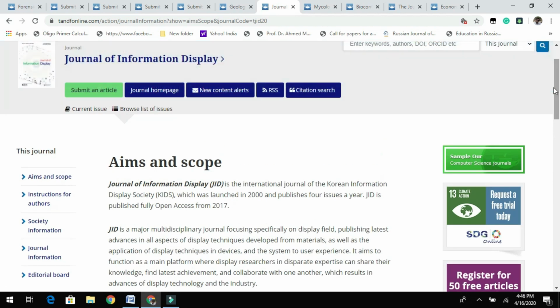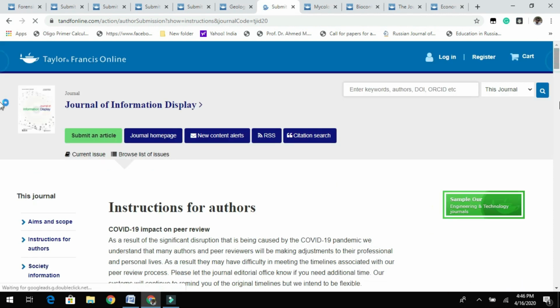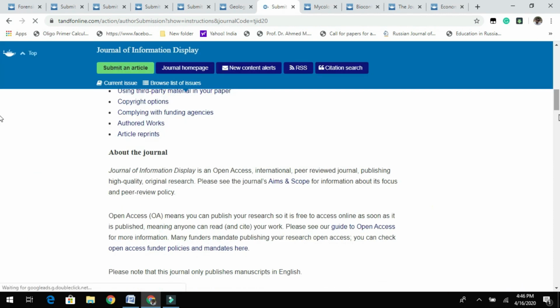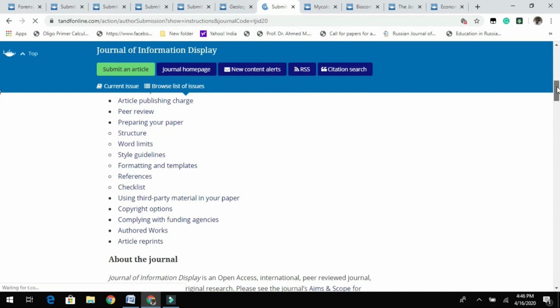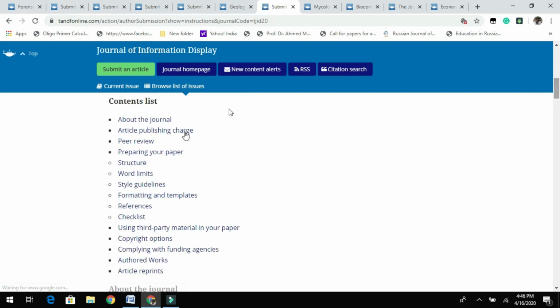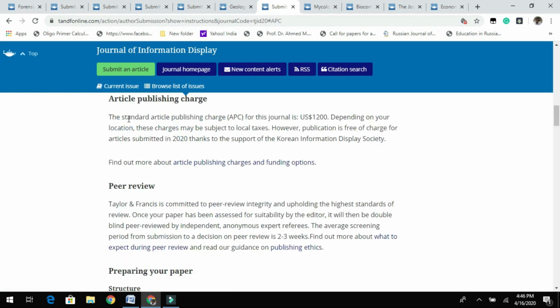So let us see the instruction for authors, if there is any article processing fee. For article publishing charges, the standard article publishing charge for this journal is 1200 USD.